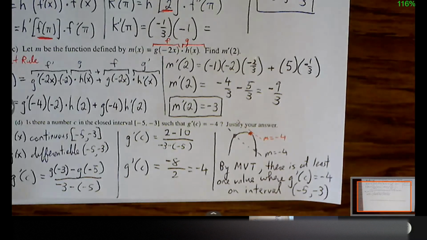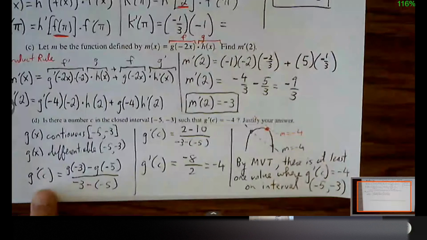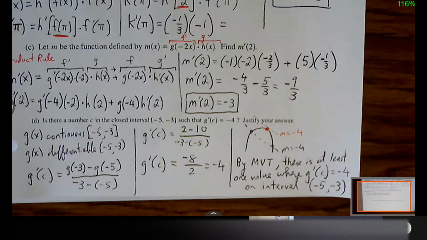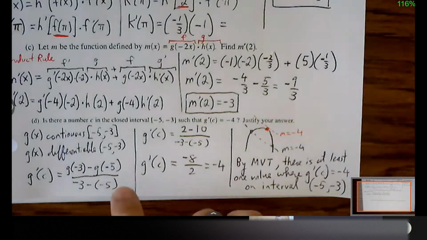All right, any questions with this first FRQ? I just have a question about the last part. And this is kind of hypothetical, but if G prime of C was to equal -2 or something, in the explanation we say that MVT wouldn't work? Oh, right.